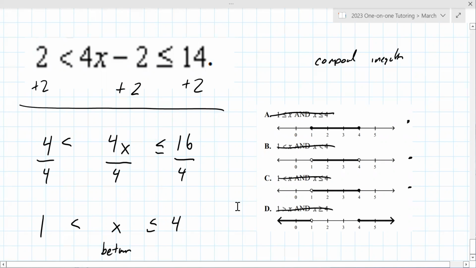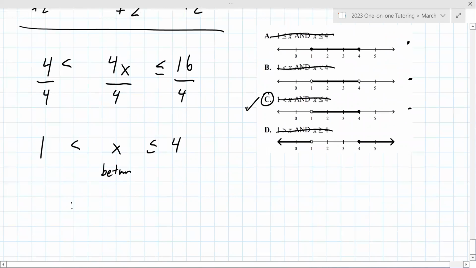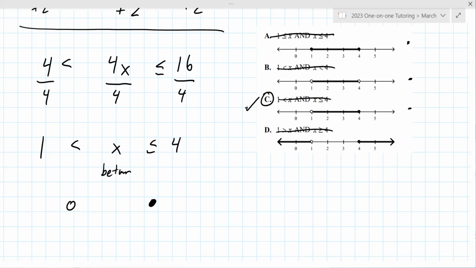Okay, go ahead. It's C because they're both less than, but one of them is less than and equal to, where they have to be shaded. Yes, that is true. So it's saying all the numbers between 1 and 4, but not including 1, but it does include 4.